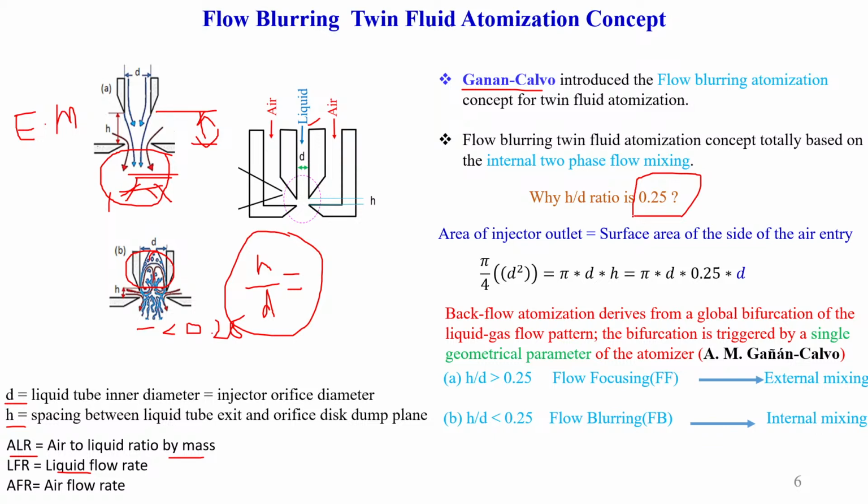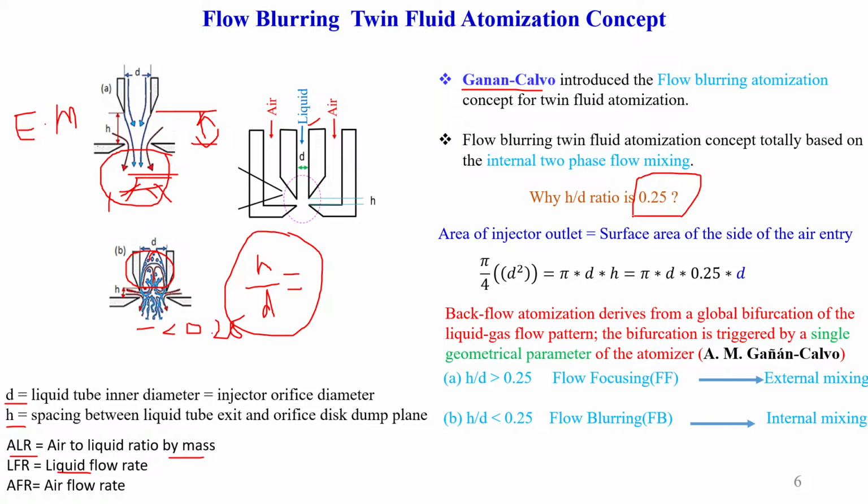But my experimental research gave another important parameter: not only the H by D ratio, but the operating parameters also play a very important role to achieve the flow blurring configuration.